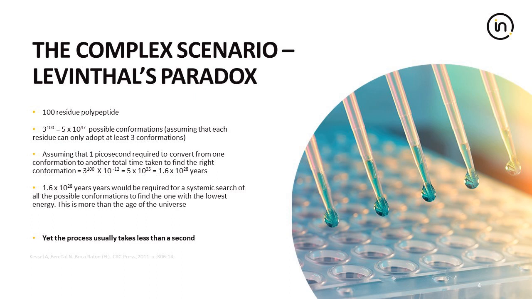If we further assume that it takes only 1 picosecond to convert from one conformation to another, the total time taken to find the right conformation would be 1.6 times 10^28 years. To put that into perspective, this timeline is about 10^18 times the lifetime of the universe we live in. However, in spite of such odds against its folding over these timelines, the process usually takes less than a second.